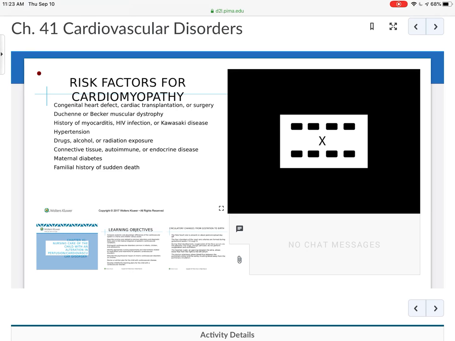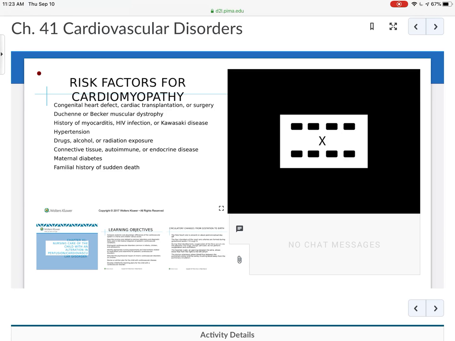Kids that are at risk for cardiomyopathy, so that's where the myocardium can't contract, so the heart loses its pumping mechanism. And this happens with kids with some genetic disorders, with congenital heart defects, or if they have some type of infection. So their heart just doesn't fully function.